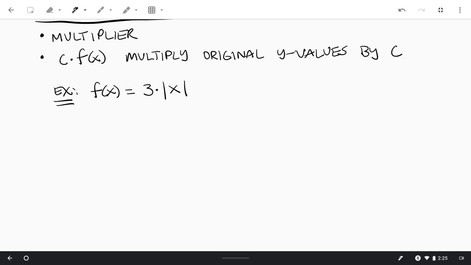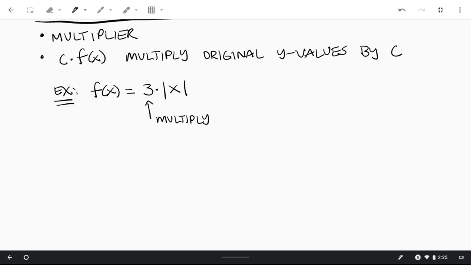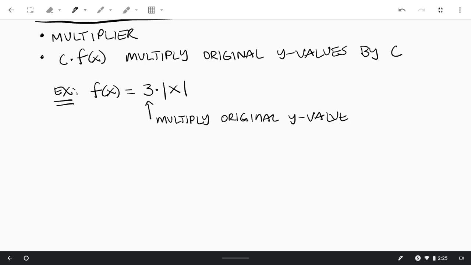Let's actually do this problem. This here means that I will need to multiply the original y values. Not the x values, the y values.